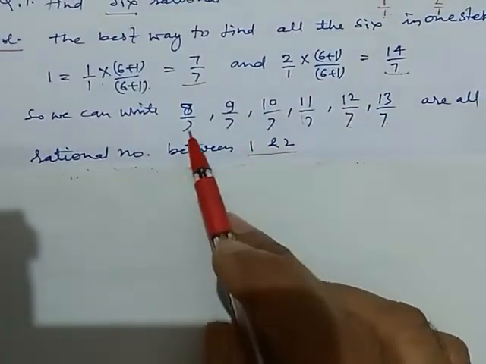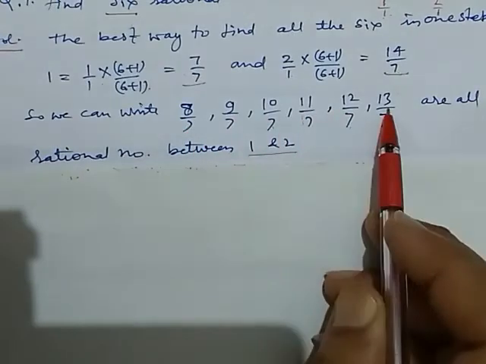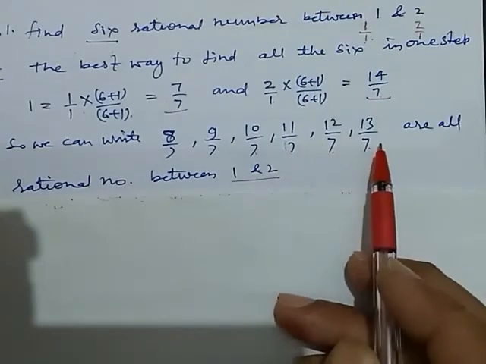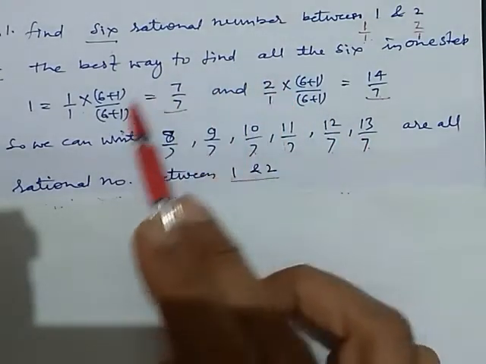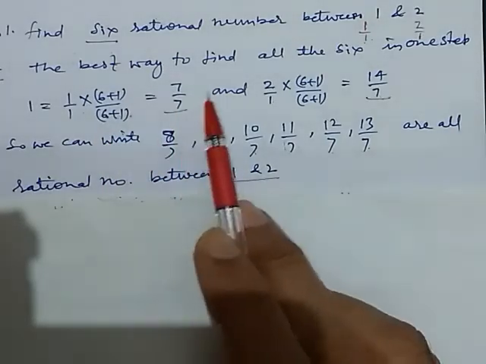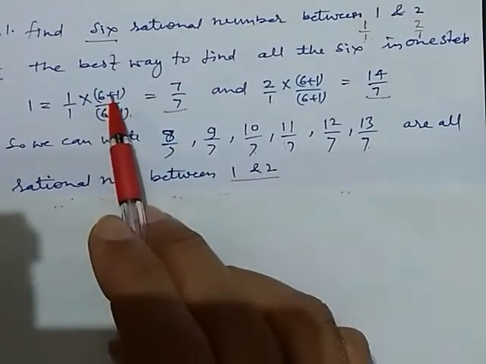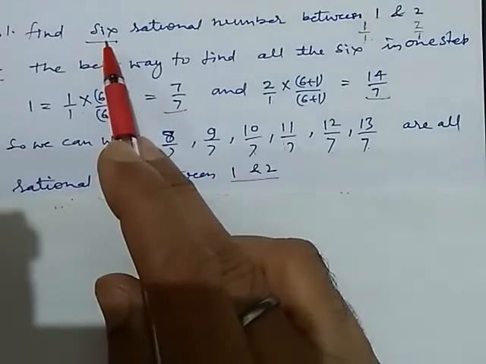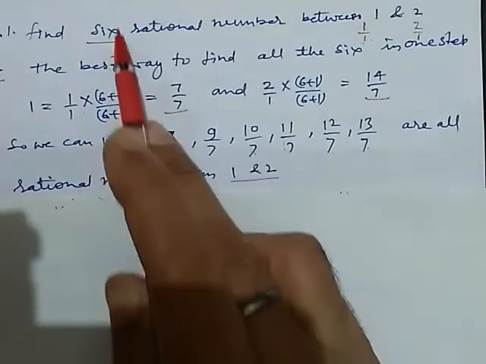So we count 1, 2, 3, 4, 5, 6. In between 1 and 2 there are these 6 rational numbers. This is a very good method, but keep in mind we have to multiply by a number which is 1 more than the required number.